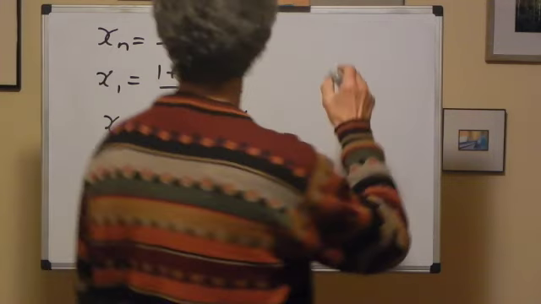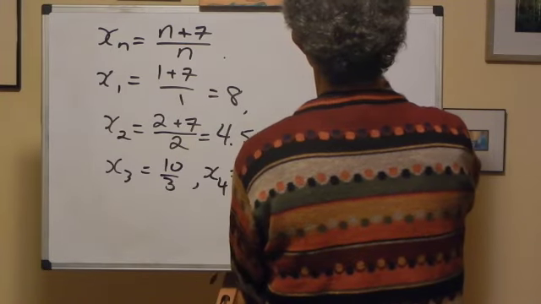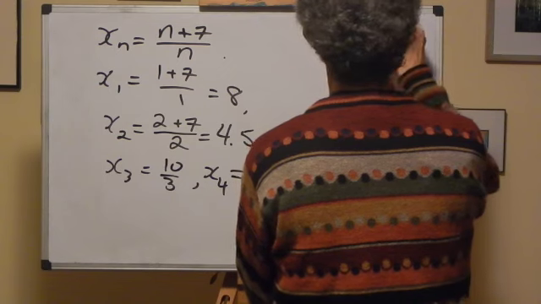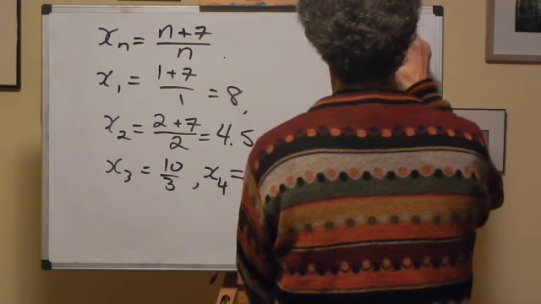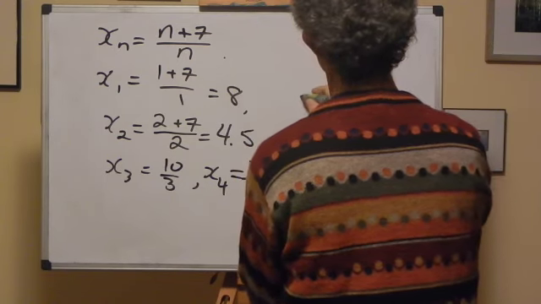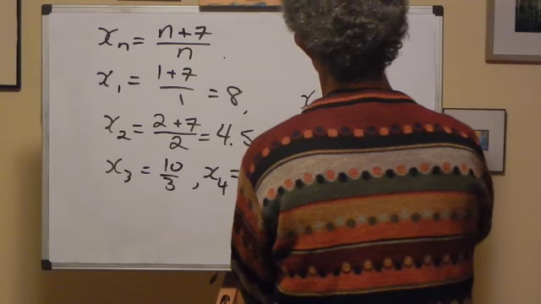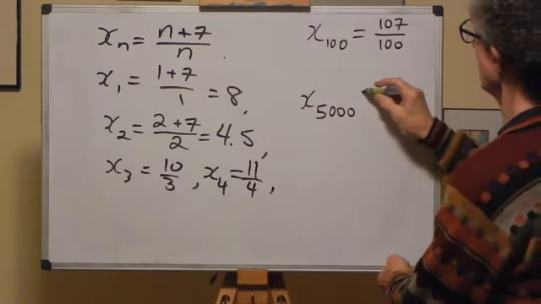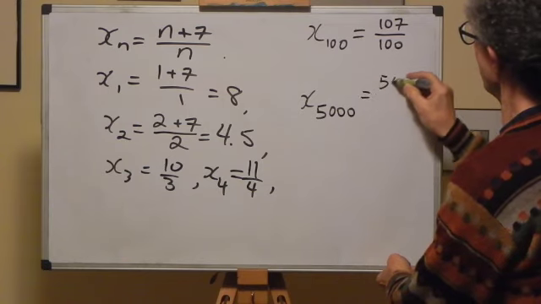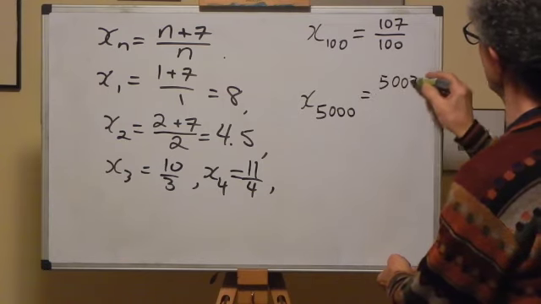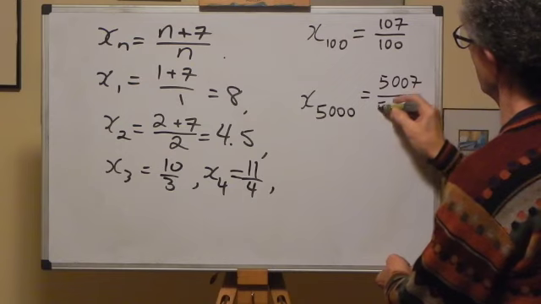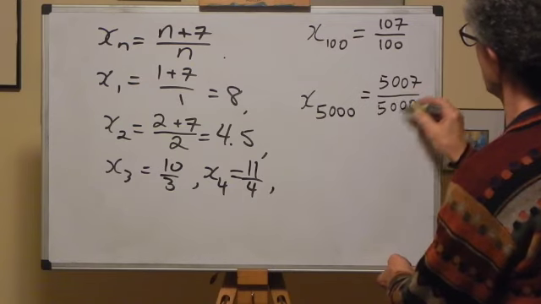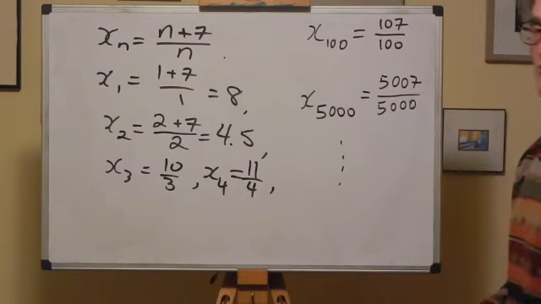And x100 is 107 over 100. And x5000 is 5007 over 5000, and so on.